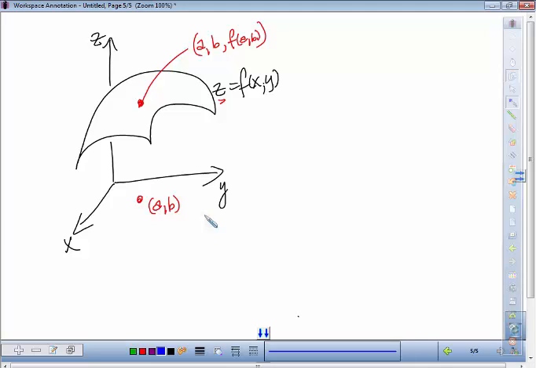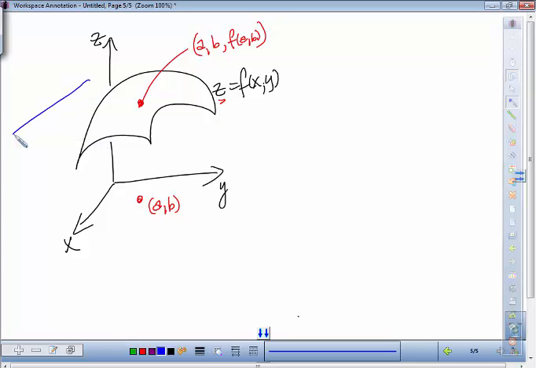What do I mean when there's a special set of points? What are the special set of points that have the same z value as this? The plane z equals f of (a, b). Yeah, you guys are all on the same page.